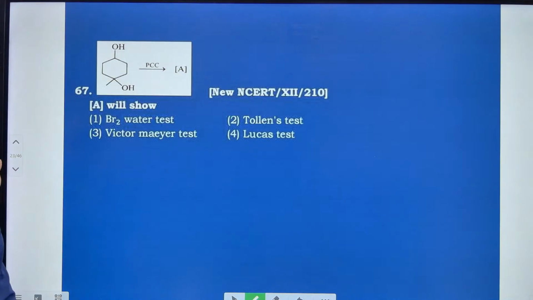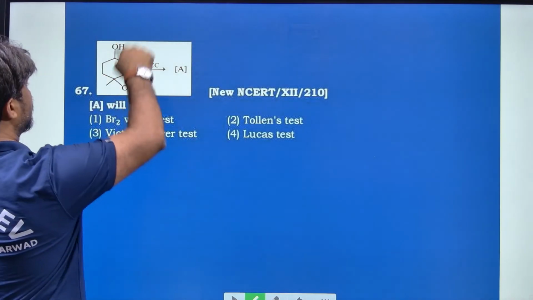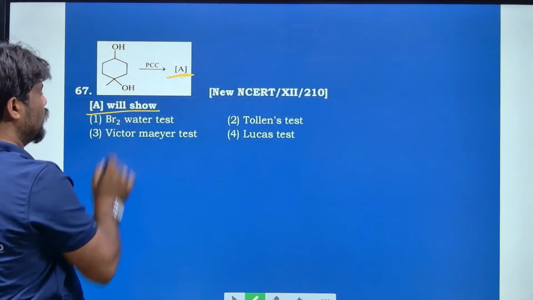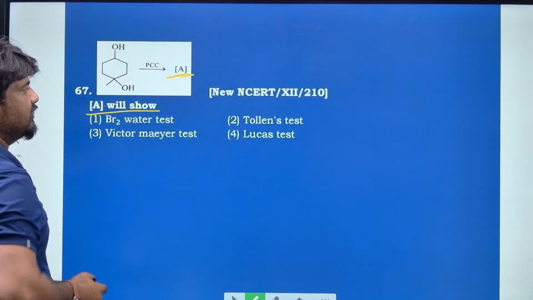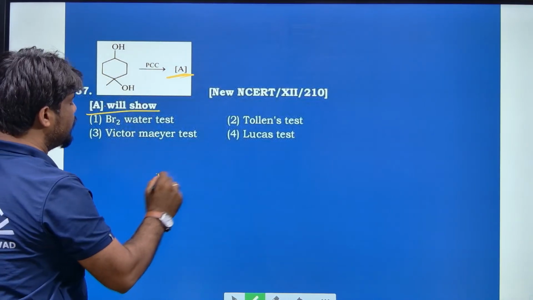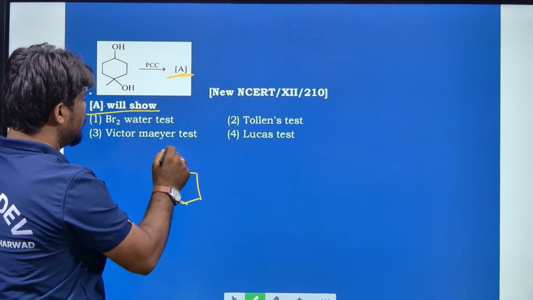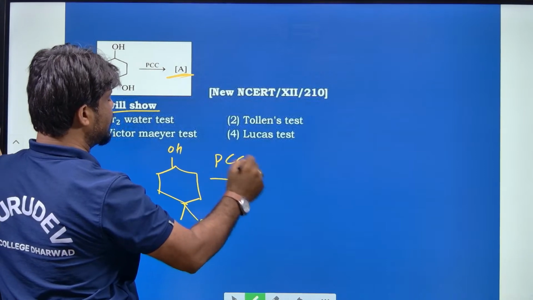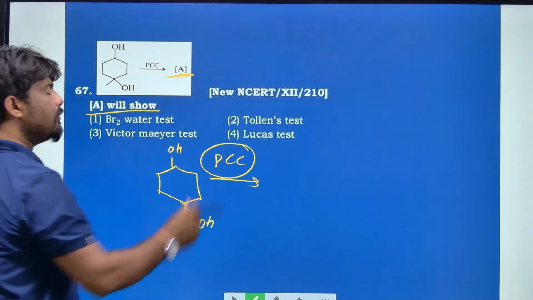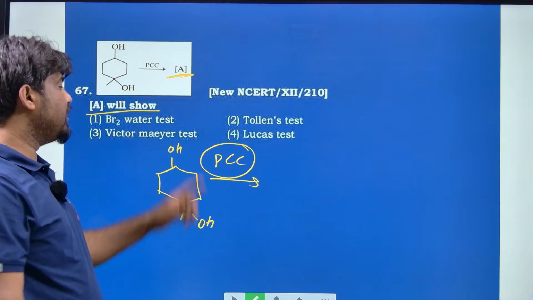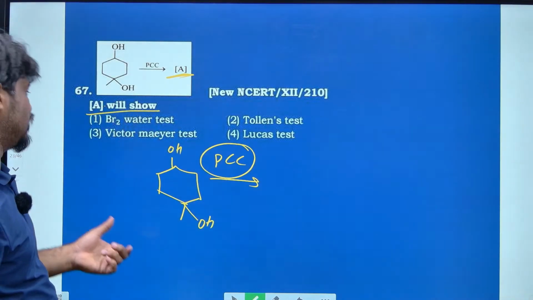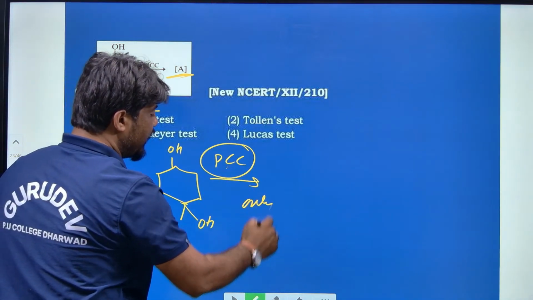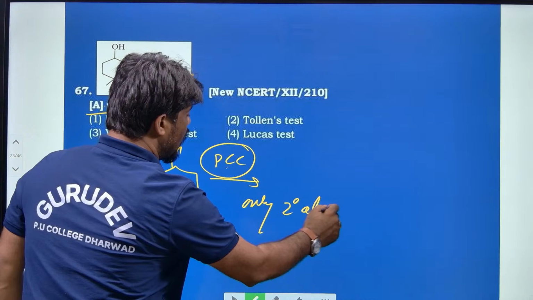Well, go to the next problem then. The structure is reacted with PCC, then it will give A. Then A will react with a reagent. It is very simple. When this molecule is treated with PCC, we know that PCC means pyridinium chlorochromate, a complex which oxidizes only secondary alcohols.